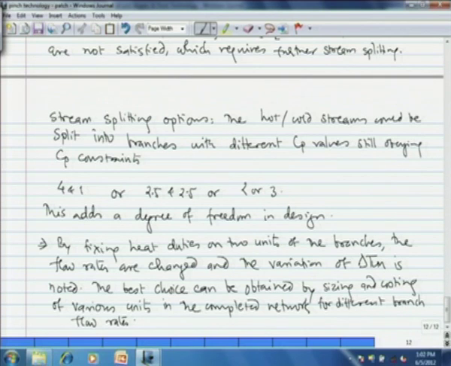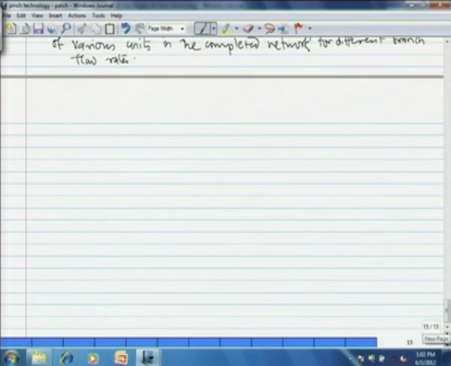Now, we shall show this particular pinch technology algorithm in the form of a flow chart.